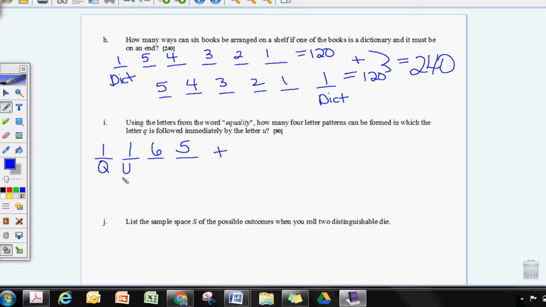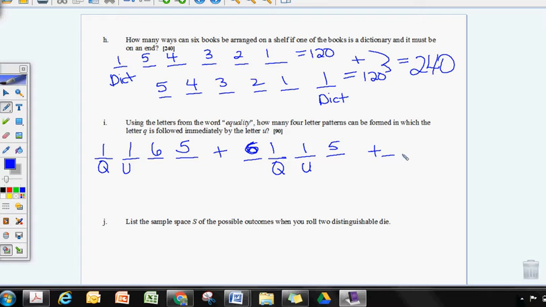But is that the only spot for the Q? No. I could have the Q and the U being here in the middle because the directions just say have a Q followed immediately by a U. So there's still one choice here and there's one choice here. There'd be 6 choices for this one and 5.